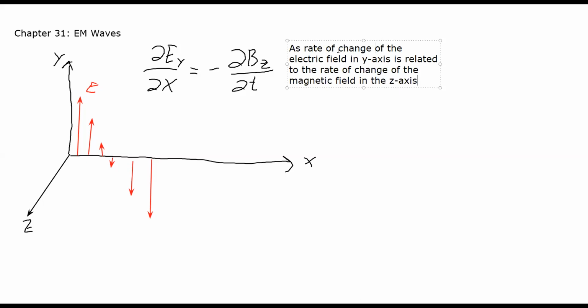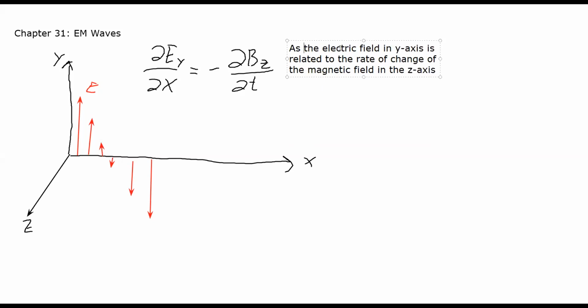I'll put it this way: the electric field changes over the x-axis, and the magnetic field in the z-axis changes over time.